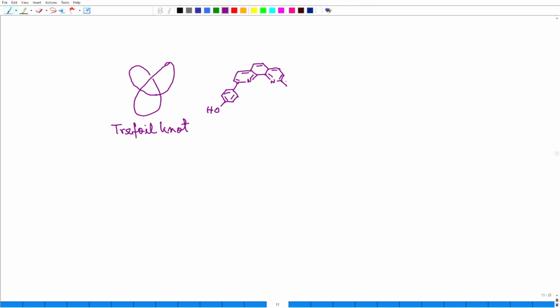And a flexible part: 1, 2, 3, 4. How many? 1, 2, 3, 4.